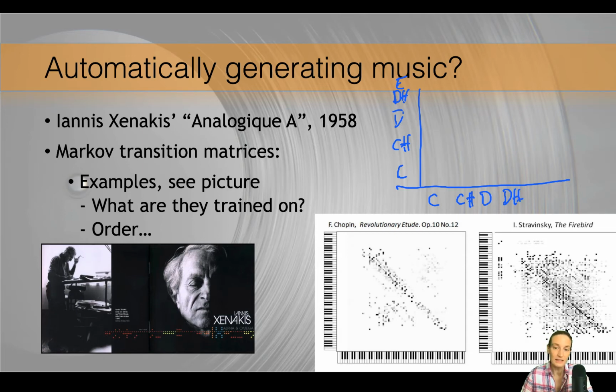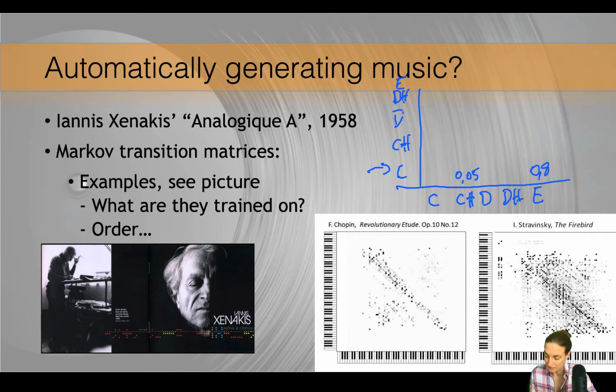Then it lists the probabilities: if you're on this note, what is the probability of your next note being an E? Perhaps quite high. The probability of going from a C to a C sharp might be quite low. So this is how a Markov transition matrix looks in its most simple form. This is a first order model. There are more complicated models too.